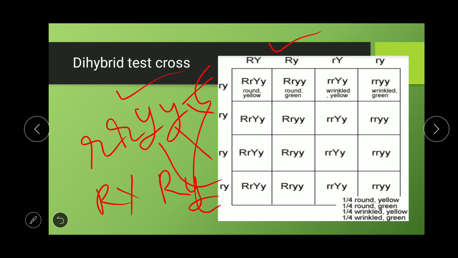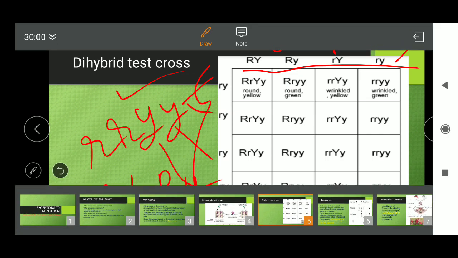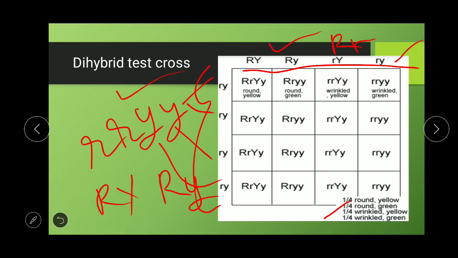If you do the test cross, we will get the dihybrid test cross ratio, and from that you can determine the ratios, the genotype and the phenotype.